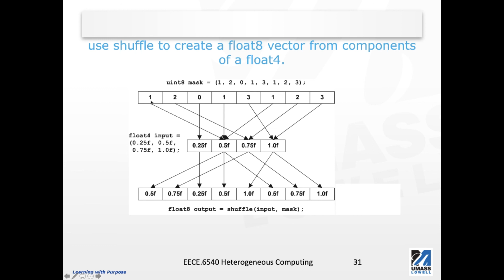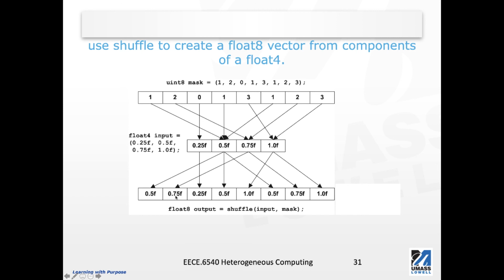So in this example, let's look at the first element in the mask vector, and this value is 1. This tells us to look at index 1, this value here, and put it into the first element of the output vector. The second element of the mask has a value 2. So we look at index 2, pointing to this location, and this value goes into the second location of the output vector.